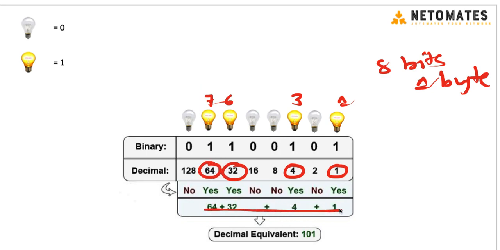If we add all that, it will be 101. So if you want to represent 101 in binary, it will be 01100101. So this is how the computer stores the information.